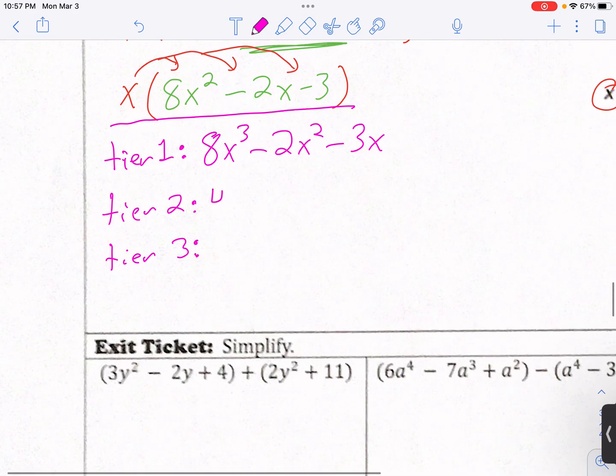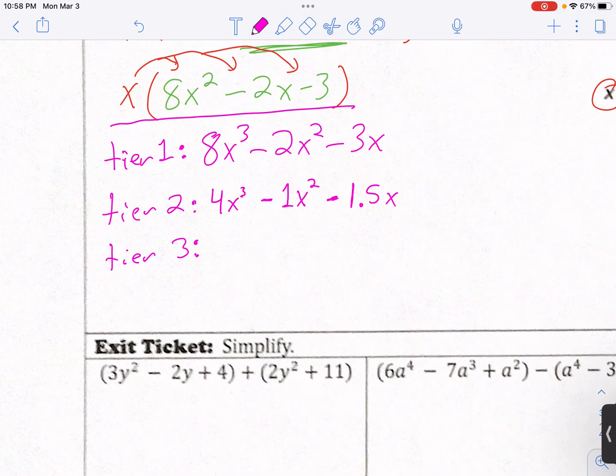This one's going to be 4x cubed. Negative 2, I'm going to divide that by 2. That's going to give me minus 1x squared. Now, 3, we don't want a decimal. We're just going to leave it as a fraction, or we could make it a decimal. In this case, 1.5x. If you went with a fraction, it would be 3/2.